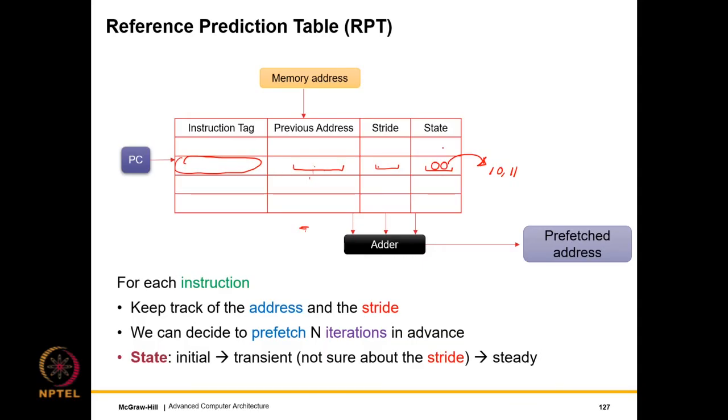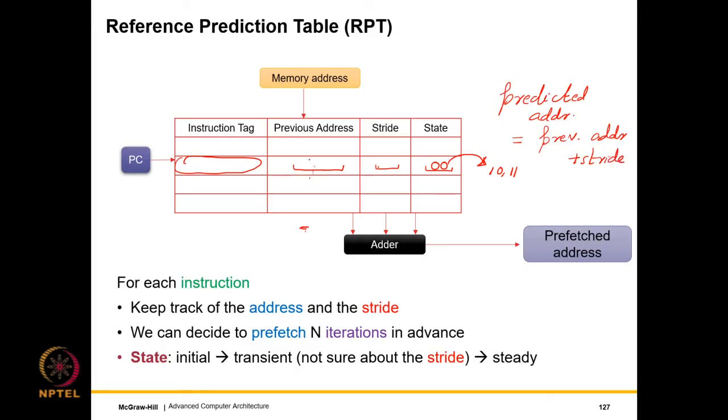And once we are sure that for a given address the access pattern does indeed follow a stride, what we can do is that the next time that we fetch the PC over here, we will know the previous address. We just add the stride to the previous address. So the predicted address is equal to the previous address plus the stride, right?